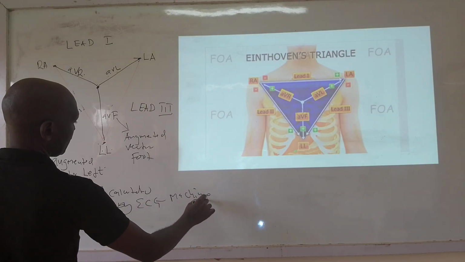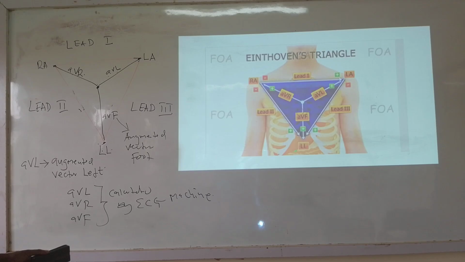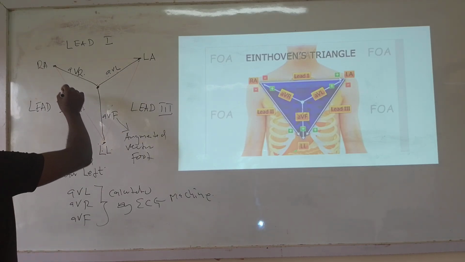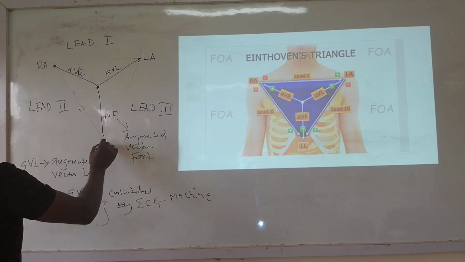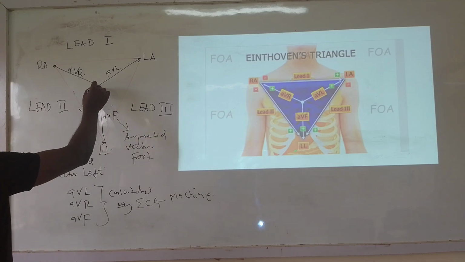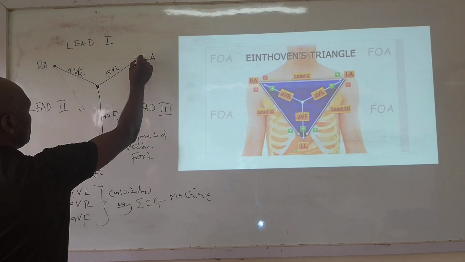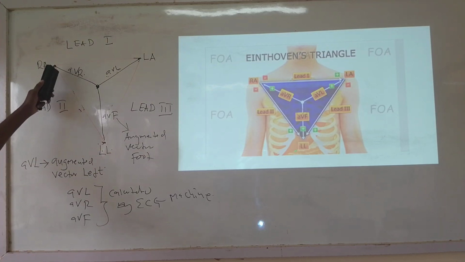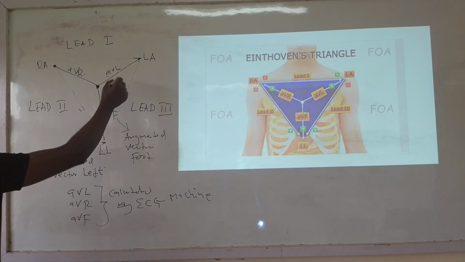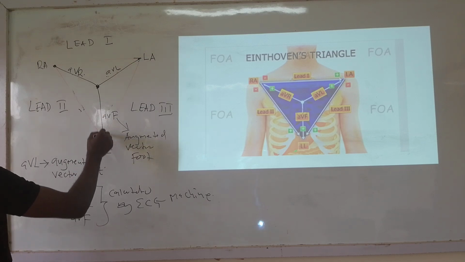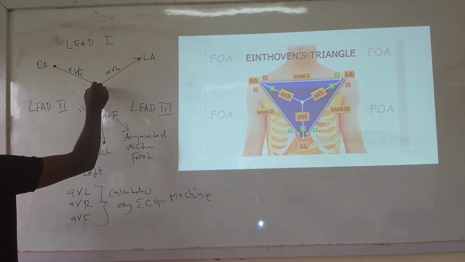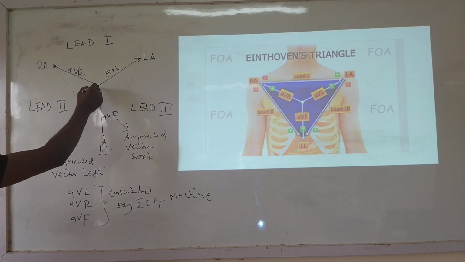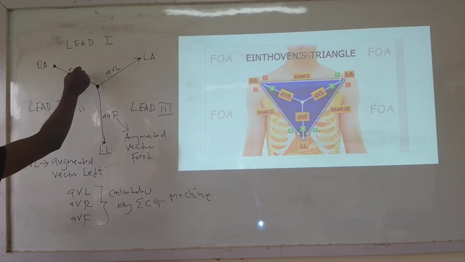So how does it calculate it? It takes, for example, the AVL. It will take the charge between these 2 points and get an average. Use that average to connect with this to give you an AVL. And if you want to get AVR, you get an average of this with this, make it your electrode here, then you connect to this. So this will be positive plus a calculated negative here to give you AVR.